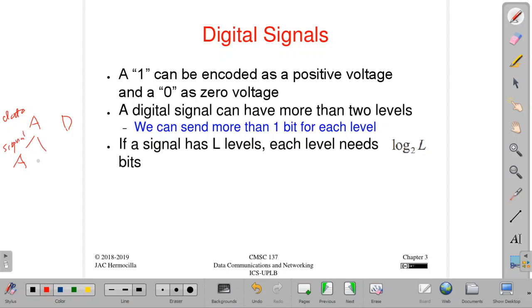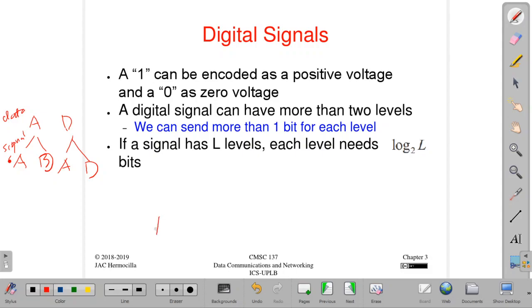We need to convert them to signals, because the signals are the form that the transmission can carry across the transmission medium.